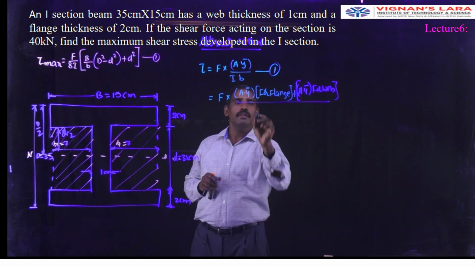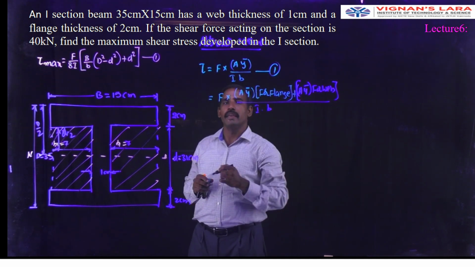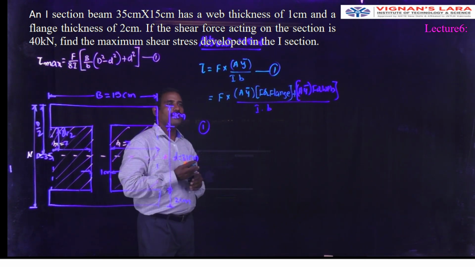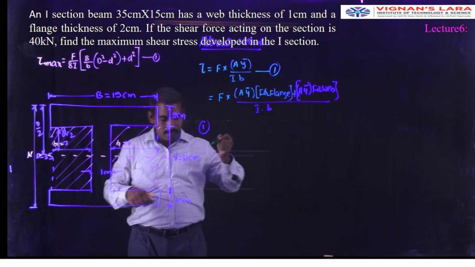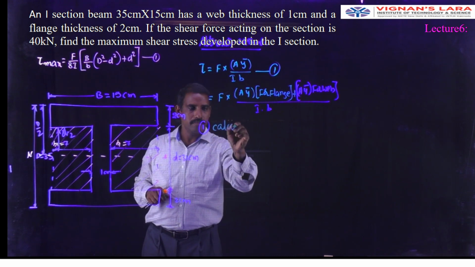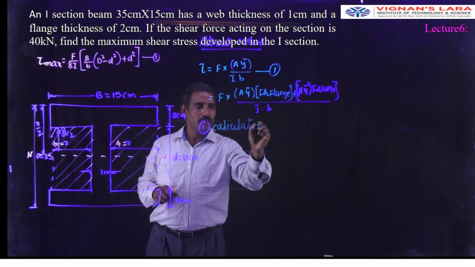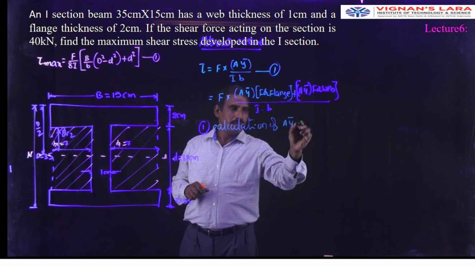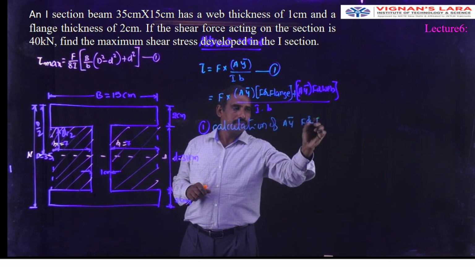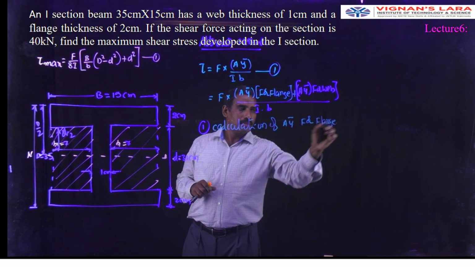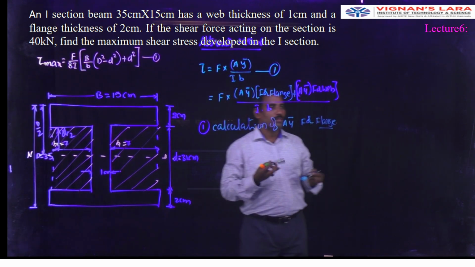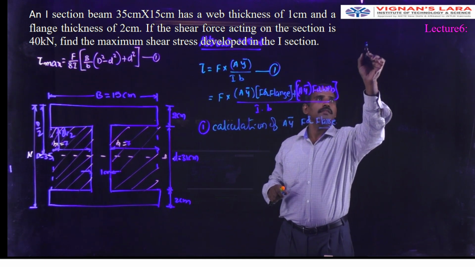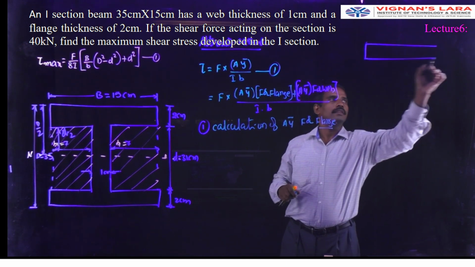Divided by I into B. Initially we have to calculate the quantity of AY bar for the flange. So simply draw the diagram for the flange.